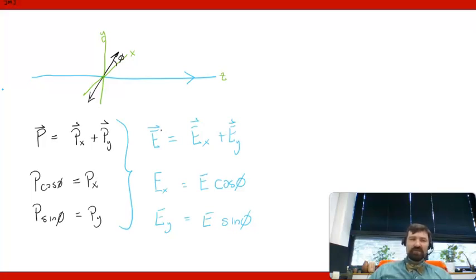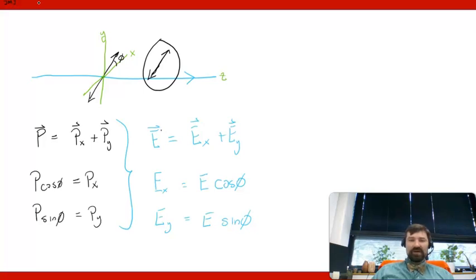Well, let's say that we happen to have a polarizer. All right, so I have a polarizer here, and I put the polarizer in some direction. Okay, so the polarizing axis maybe happens to be like this. What is going to get through this polarizer?